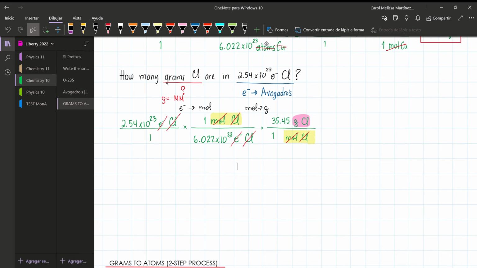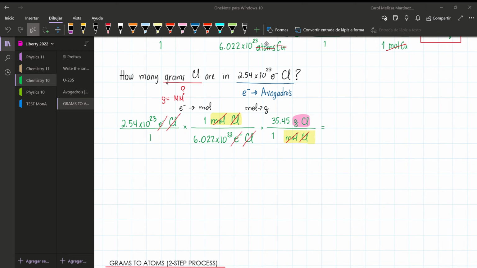You multiply everything in the top and you divide everything in the bottom. How much did you get? 14.95. Yeah, it makes sense. 14.95. These are going to be grams of chlorine.